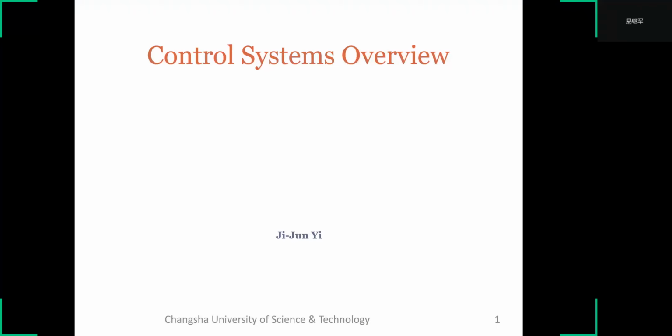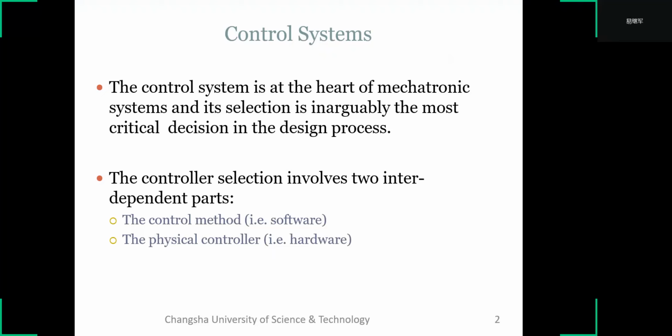Next, let's introduce some control systems. This chapter we just give you some conception about the control systems. Control systems are at the heart of mechanical systems. Control systems include control of the movement, control of the motor.